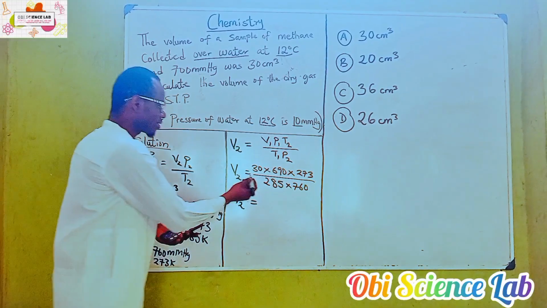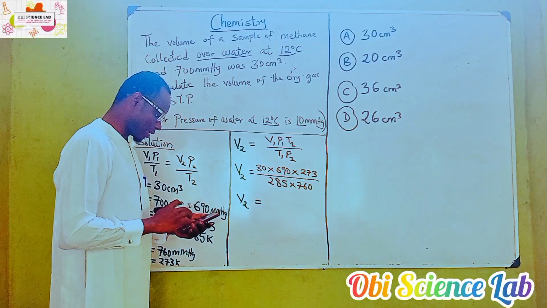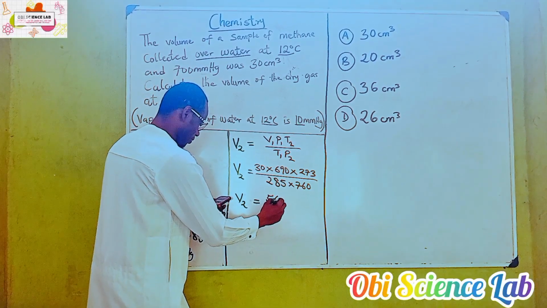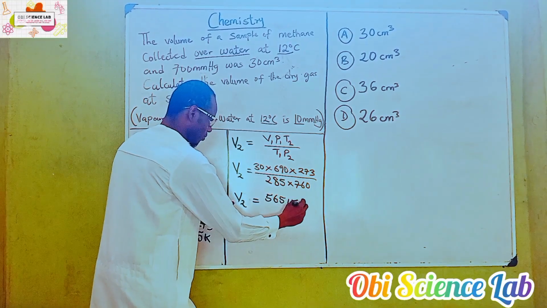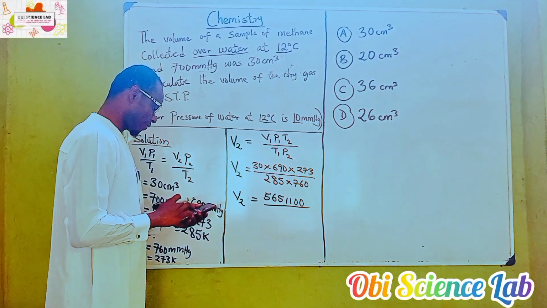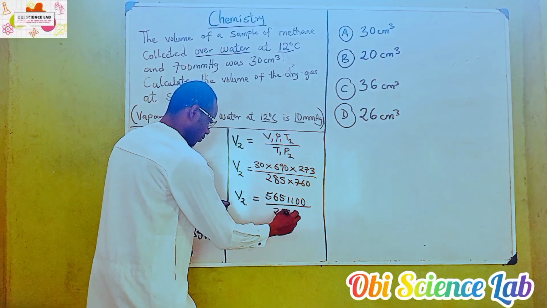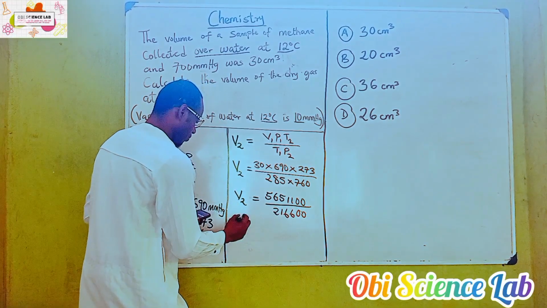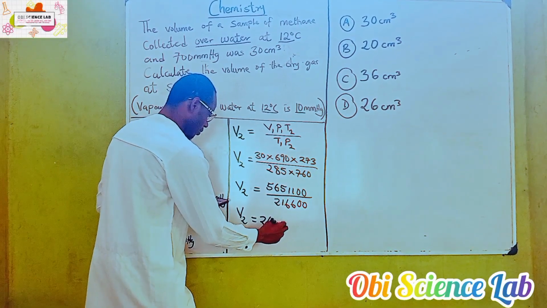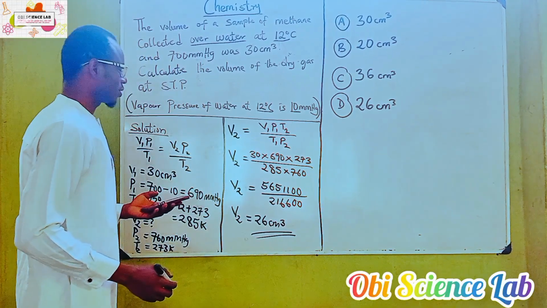Moving forward, 30 times 690 times 273 will give us 5651100 divided by 285 times 760. 285 times 760 will give us 216,600. So our V2 will be, and that will give us 26 cm3. That is our answer. So the volume is 26 cm3.